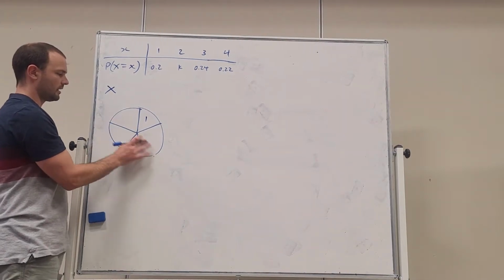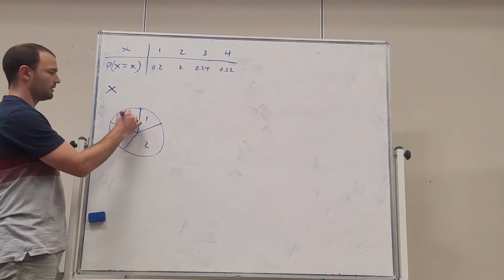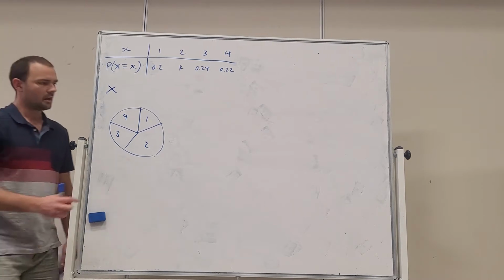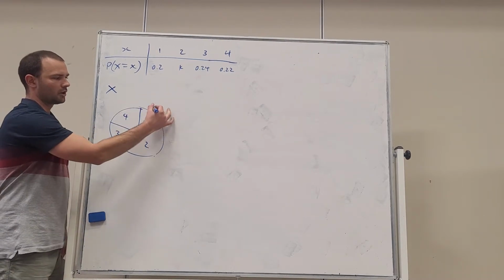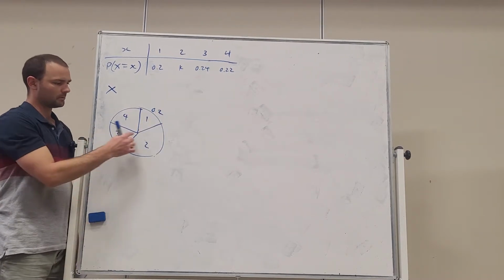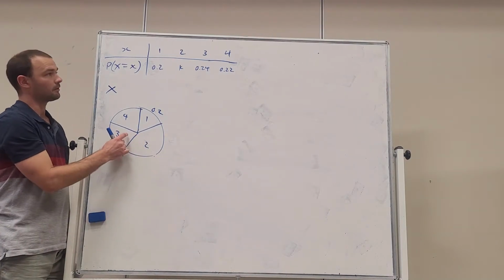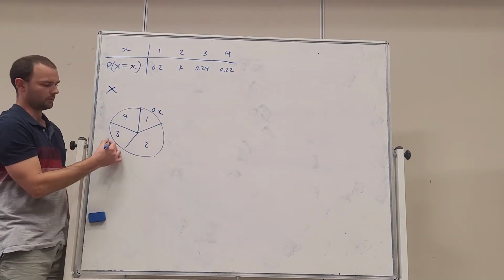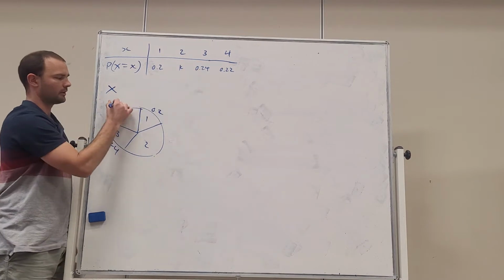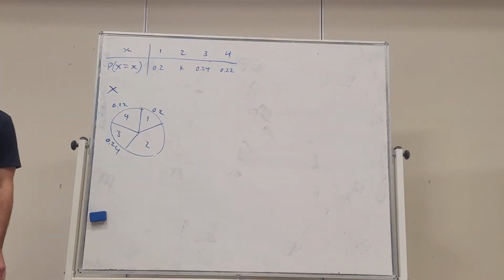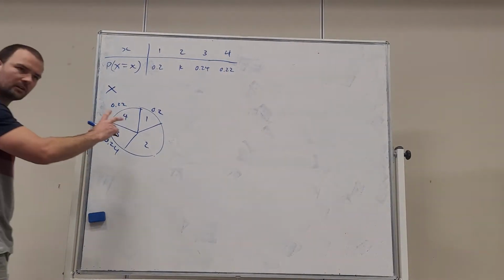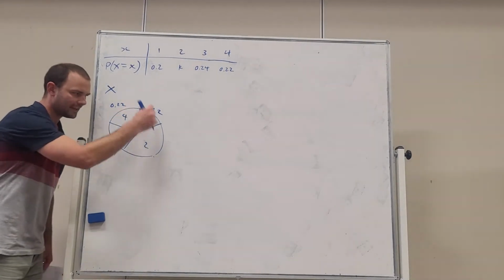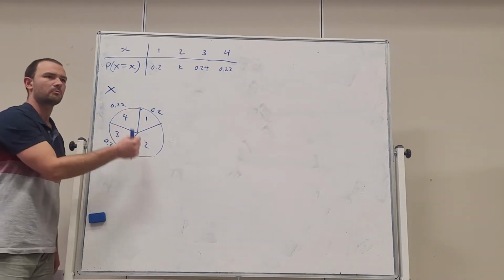I'm just dividing that up: this is event 2, event 3, event 4. The probability of event 1 occurring is 0.2, event 3 is 0.24, and event 4 is 0.22. So this is a good way to think about it.